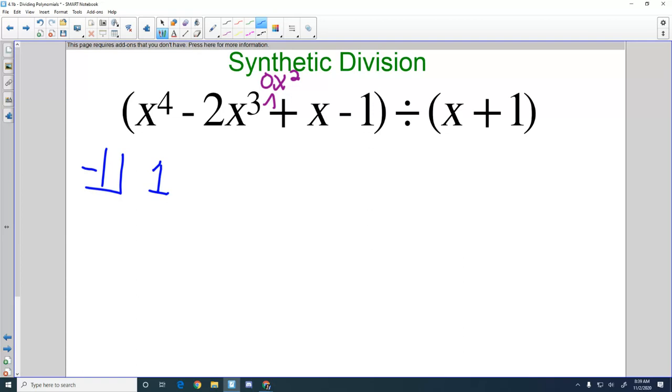Negative 2. Yep, the negative sign is important. So negative 2x to the thirds. How many x squareds do we have? 0. So we got to put that 0 there. What's the coefficient of the x to the first? It's just a positive 1. Then last we have the constant, which is a negative 1.